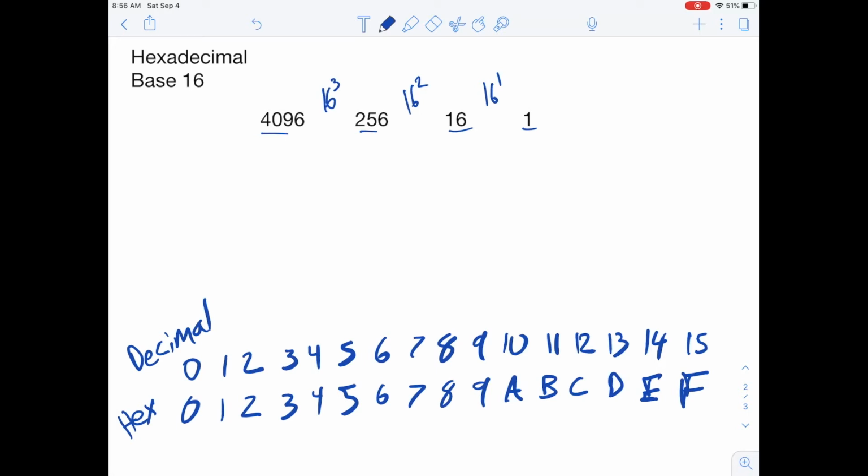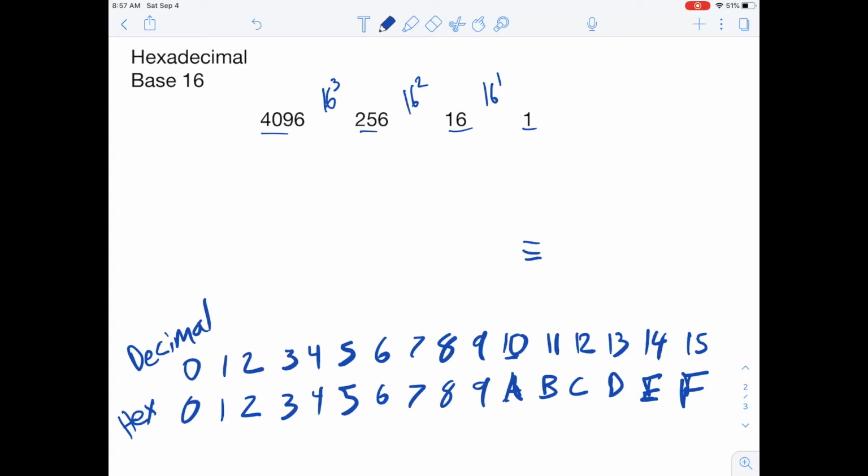With hex, because we don't have a single digit that represents 10 in our decimal or base 10, we have 2 digits, 1 and 0 represents 10. We change that to an A because we want a single digit that represents 10. So in hex, it's going to go 0, 1, 2, 3, 4, 5, 6, 7, 8, 9, A, B, C, D, E, F, basically.